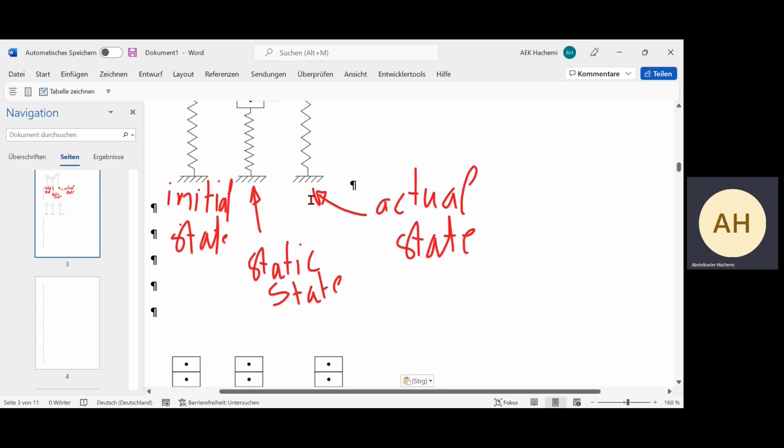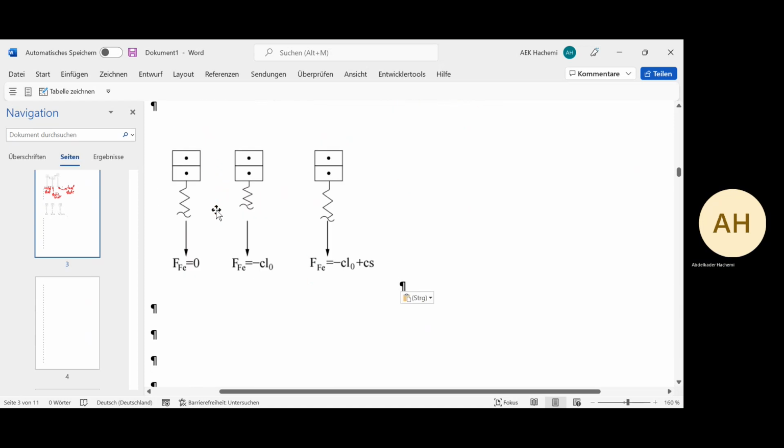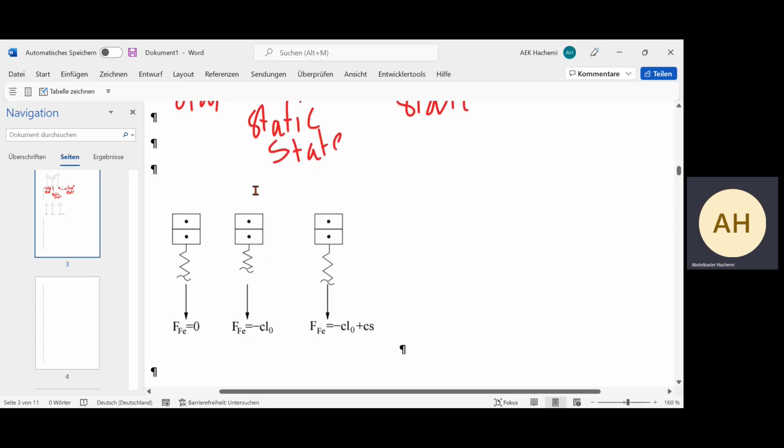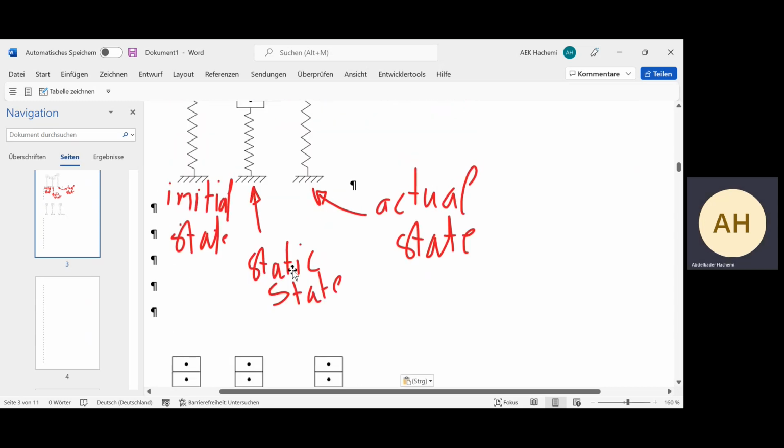Then at the initial state, we have the spring force equal to 0. Now, if we take the static state, that means there is no dynamic motion.